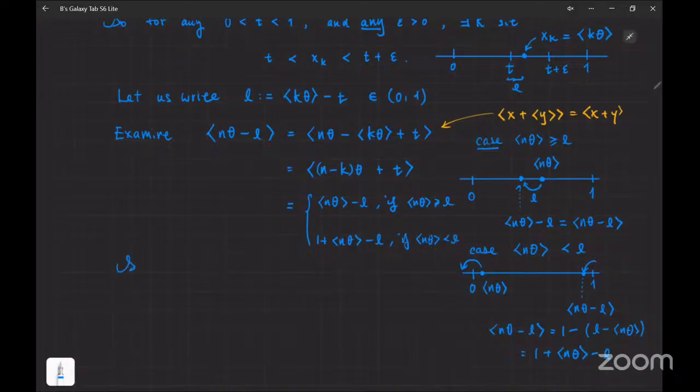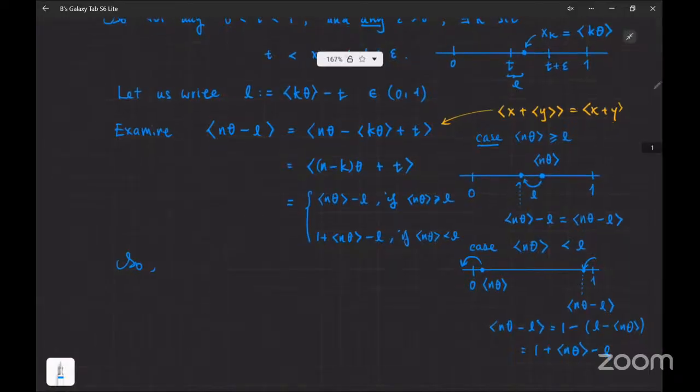So let's now look at the difference, n theta minus n theta minus L. This is going to be interesting because we get two cases.